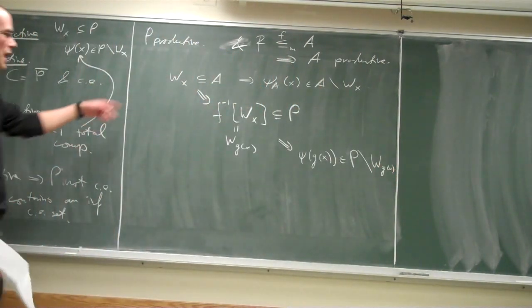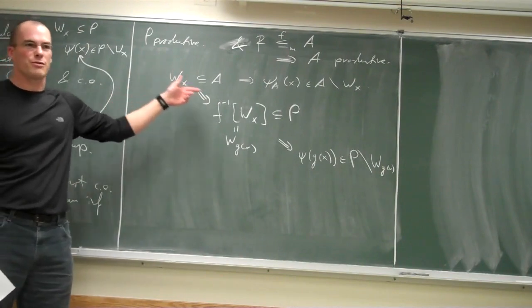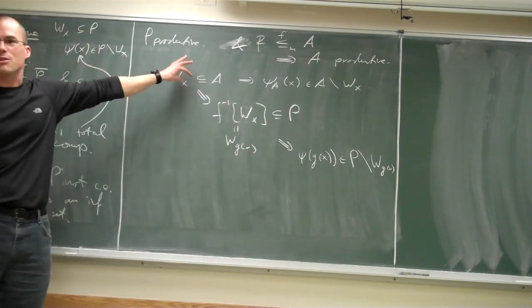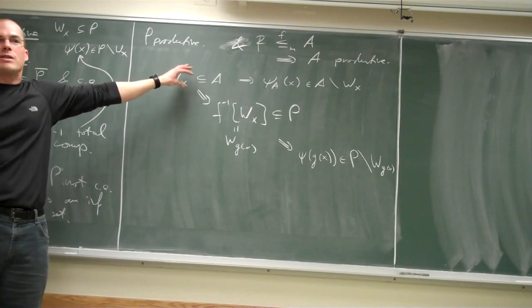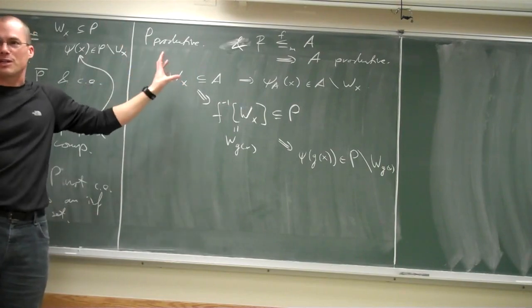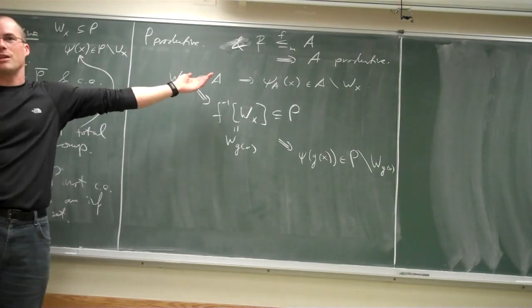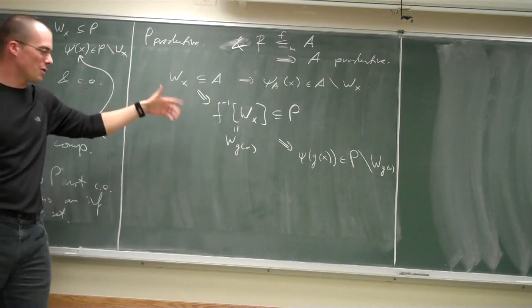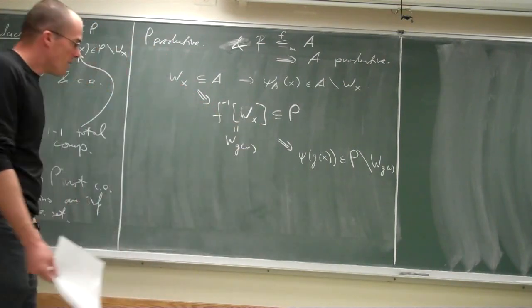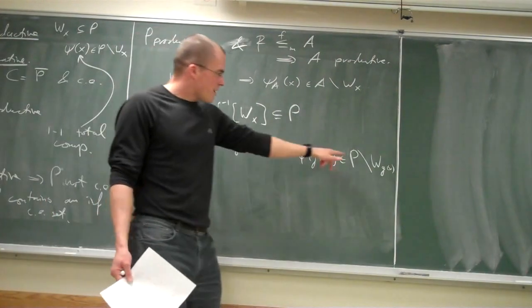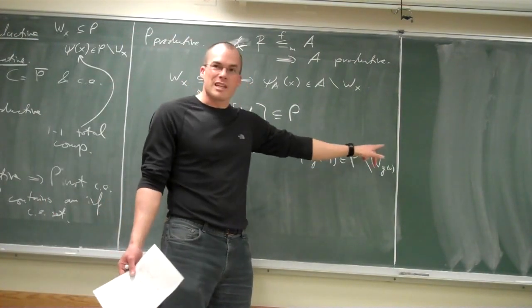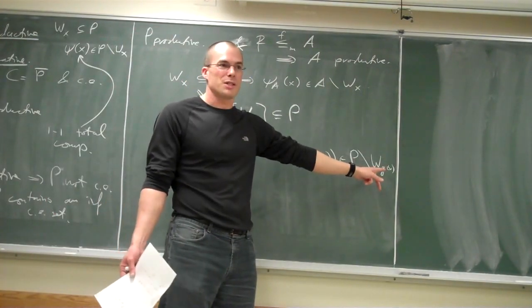Right? And of course, I'm only looking at this sequence of implications under this original assumption, because I don't have to care what my production function does if this assumption is not the case. So now what do I have? I have something in P which is not in Wg of x.